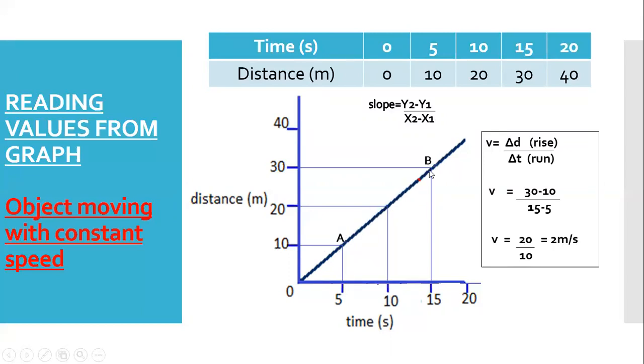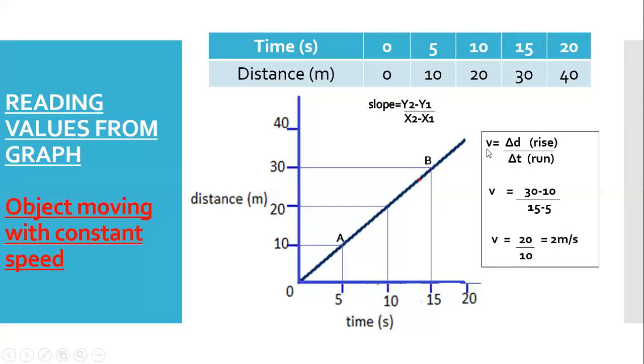So the formula to find the slope, the value of speed on the gradient, is pretty easy. You have been doing it in previous classes. Slope is equal to y2 minus y1 over x2 minus x1, in maths. Probably you have been doing this. Or some students have been using the formula slope is equal to rise by run.